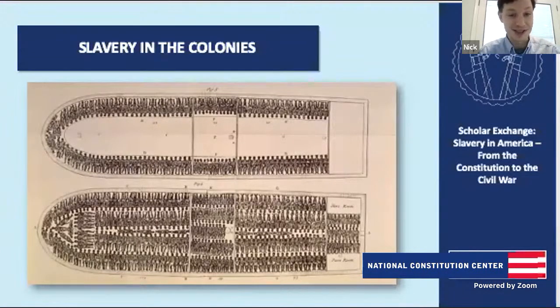And I mention that because the Spanish and the Portuguese had more or less created the Atlantic slave trade at the end of the 15th century and into the 16th century. So by the time the British arrived in the colonies, the Atlantic slave trade was in full, fully brutal existence. And so it was certainly already part of the New World.